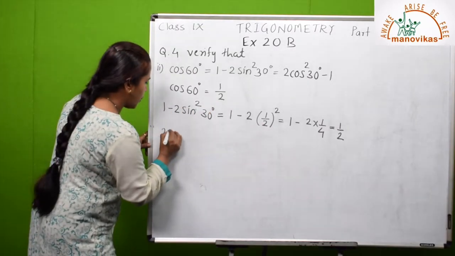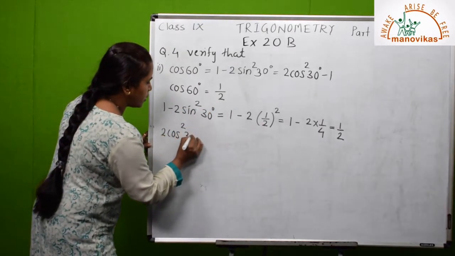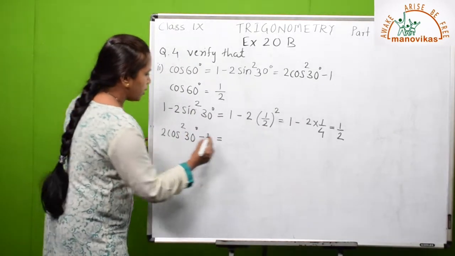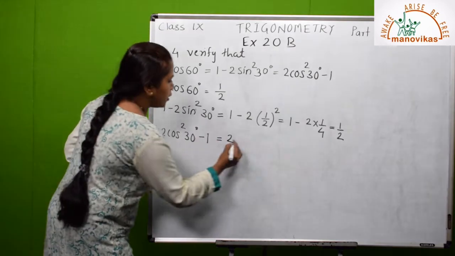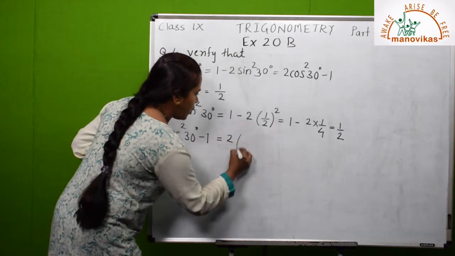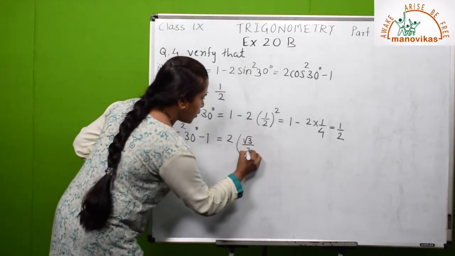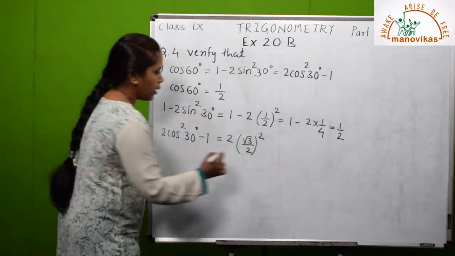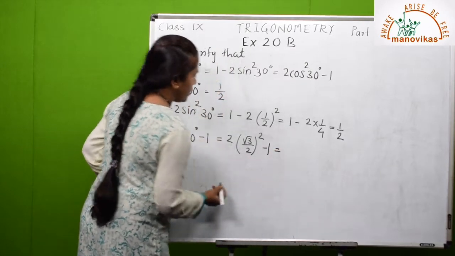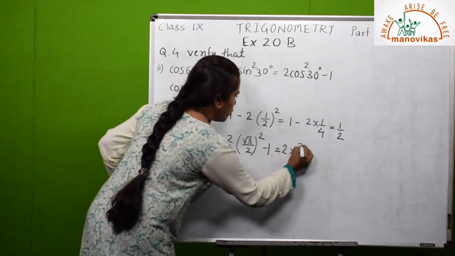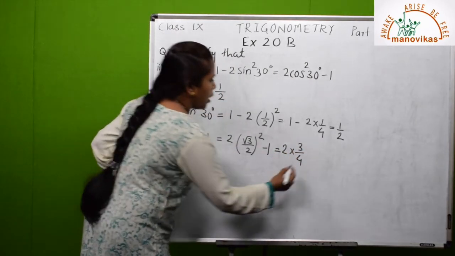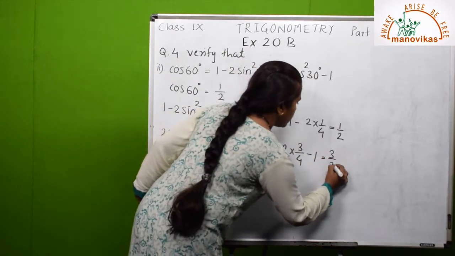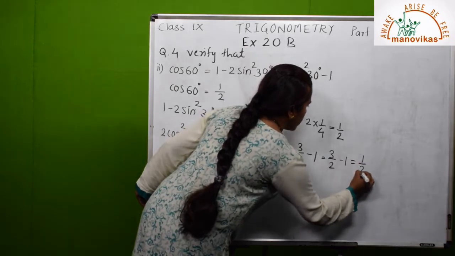Now see the third part, that is 2 cos square 30 degree minus 1. Okay, again 2 cos square 30, cos 30 value is root 3 by 2, its square, so root 3 by 2 square, minus 1, which is equal to 2 into 3 by 4 minus 1, which is equal to 3 by 2 minus 1, again it is half.